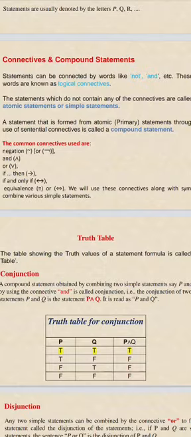A statement that is formed from atomic statements through the use of sentential connectives is called a compound statement. Examples of common connectives are negation symbol, and symbol, or symbol, if-then symbol, if and only if symbol, and equivalence symbol. We will use these connectives along with the symbols to combine various simple statements.